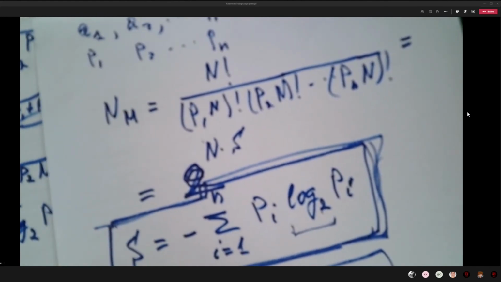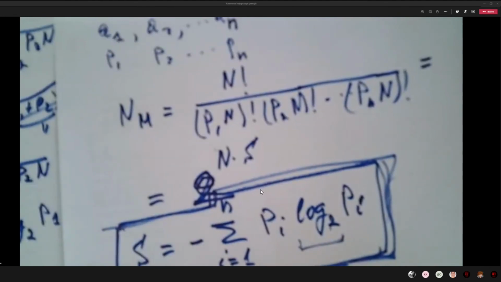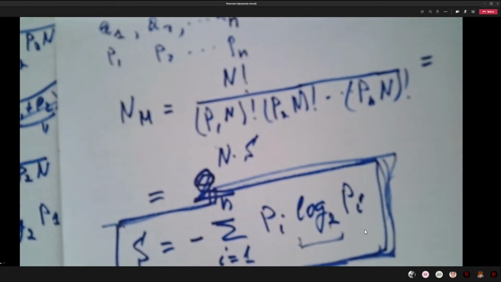So what does it mean? It means that the probability of A, p1, is 1, and the probability of another symbol is 0. So using this formula, what do we get? We get minus 1 log in basis 2 of 1, minus 0 log 0, which is 0. But it is also 0 because log 2 of 1 is 0. So we have 0.